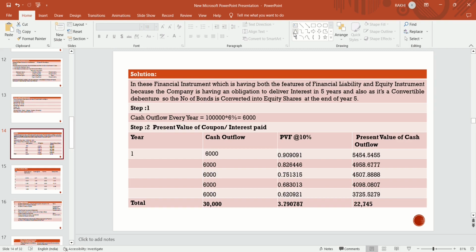So firstly they will find out the present value of that coupon, that interest. In year 1, year 2, year 3, year 4, year 5, the company's cash outflow will be 6,000 per year, so it totals 30,000.